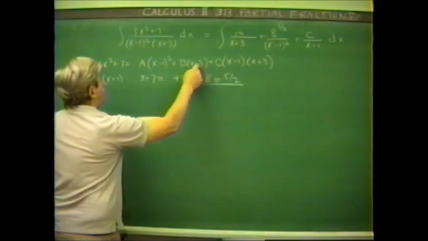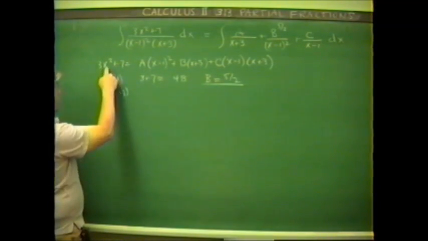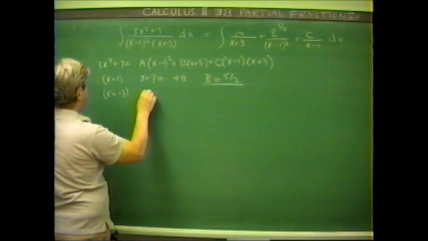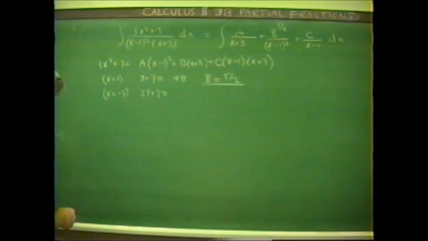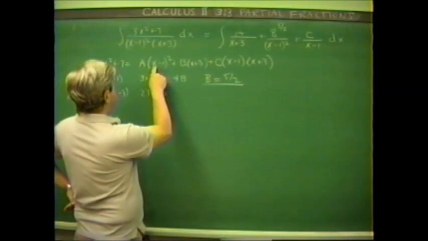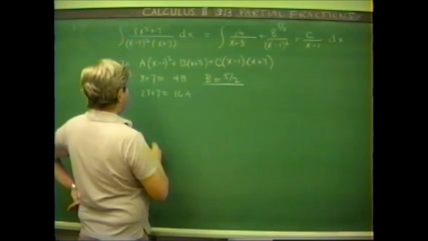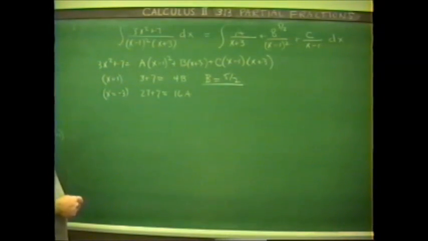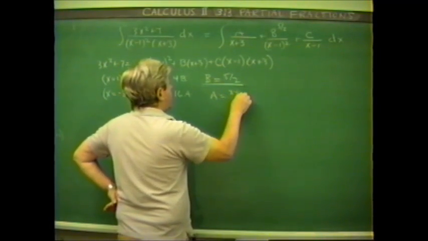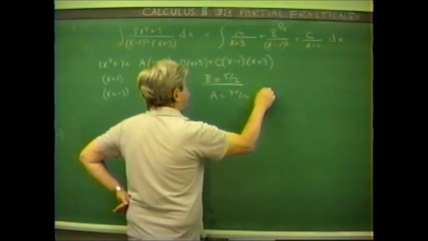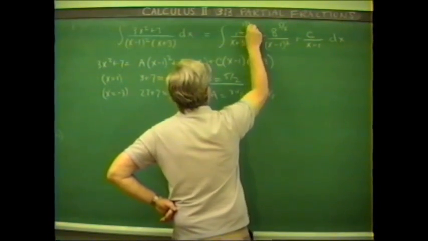Likewise, if we let x equal minus 3, we get 27 plus 7 is equal to, we get 16a, we get 0b and 0c. So we get 34 is equal to 16a, or a is equal to 34 over 16, or 17 eighths. So this gives us a is 17 eighths.